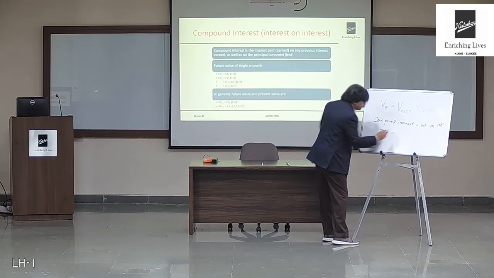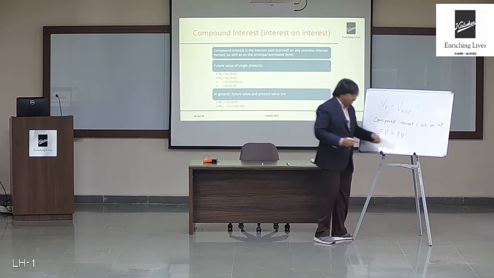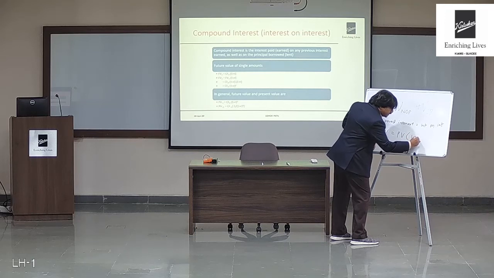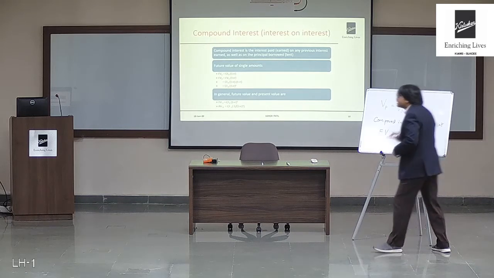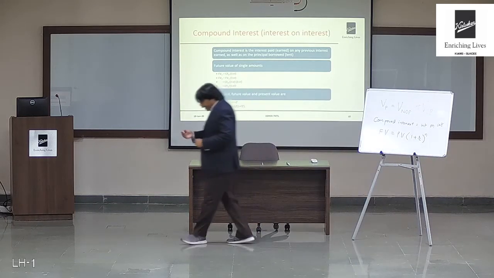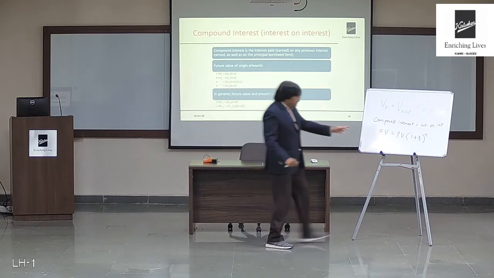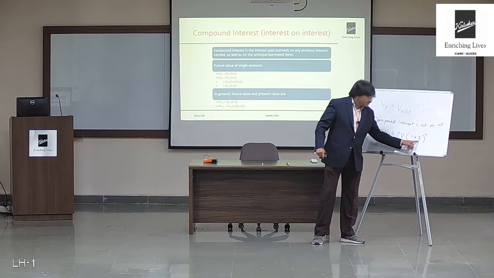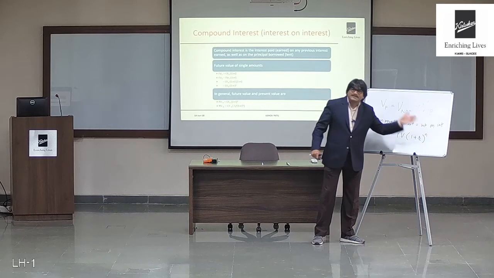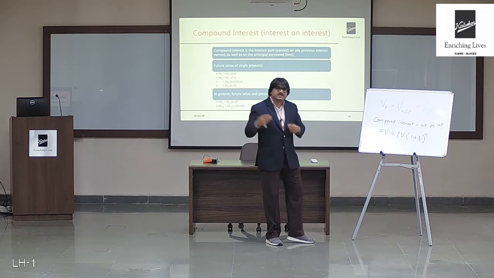Future value is equal to the present value, that is the cash flow today, multiplied by 1 plus R, raised to the number of periods. So future value equals present value times 1 plus the interest rate per annum in decimal form, raised to n, where n is the number of periods the amount is kept in the bank or invested.